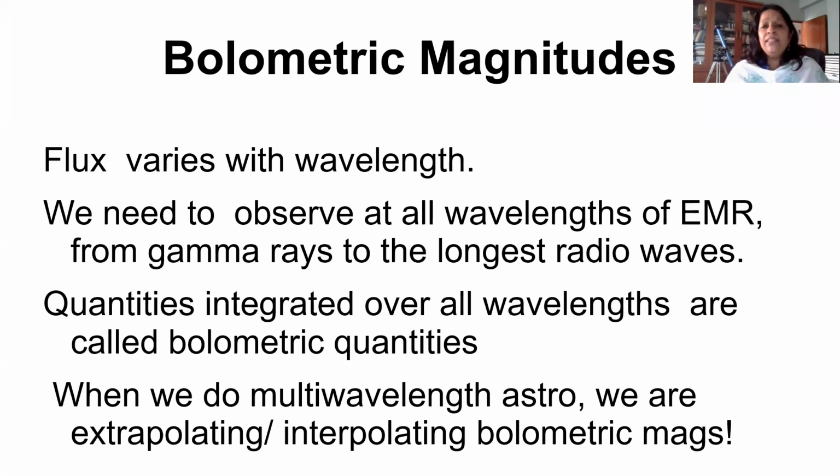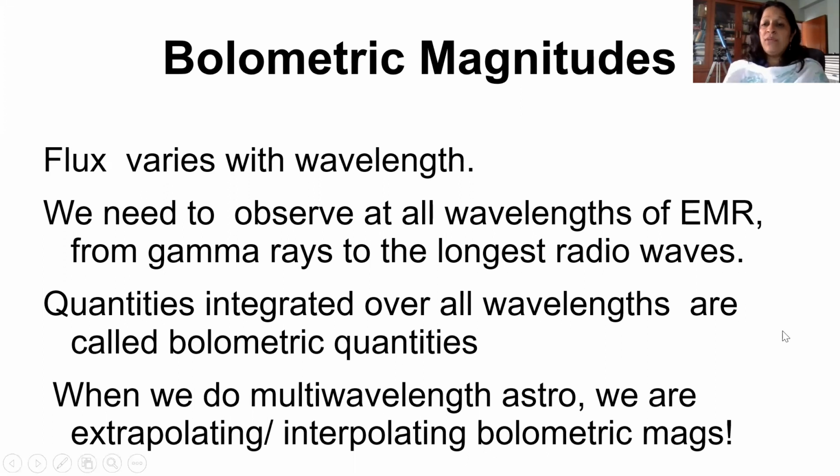Now, magnitudes in this way can be measured, but you know that the flux varies in wavelength, right? Even if the star is a black body emitter, it's going to emit differently in different wavelengths. And therefore, in principle, you would have to measure the brightness of a star in different wavelengths to get its total amount of brightness. Ideally, you would have to integrate all its brightness coming in different wavelengths.